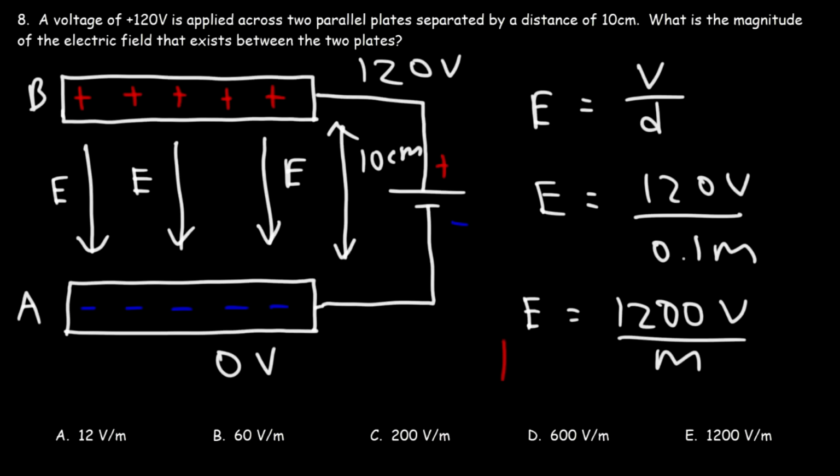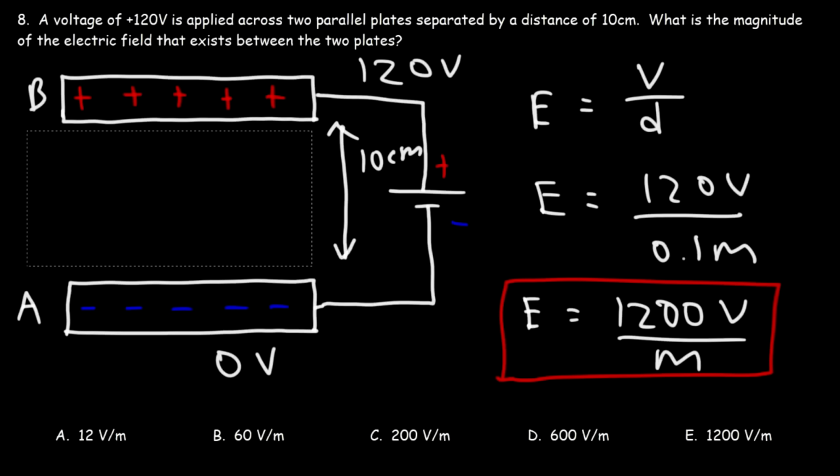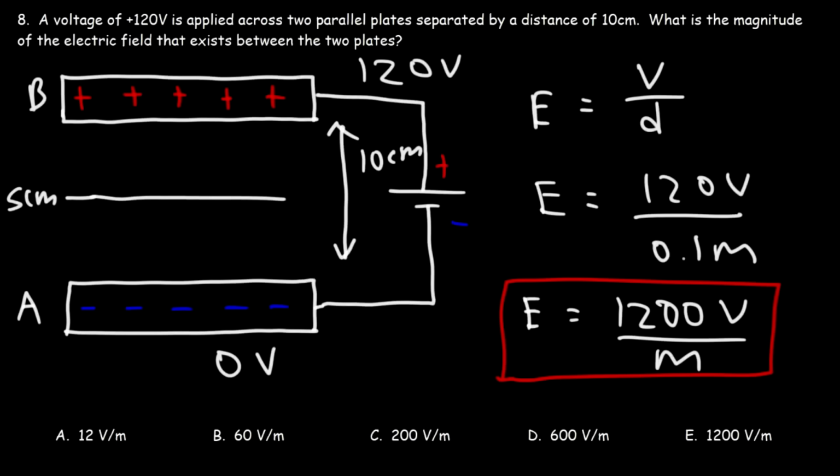So this tells us that the voltage will increase by 1200 volts every meter. It increases by 120 volts every 0.1 meters. So let's say at 5 centimeters away from plate A, let me draw this better, the voltage will be 60 volts.